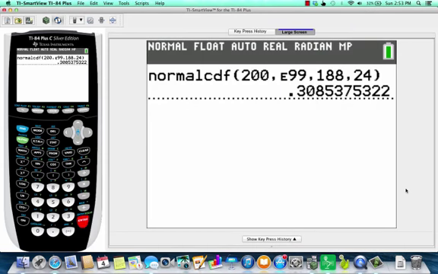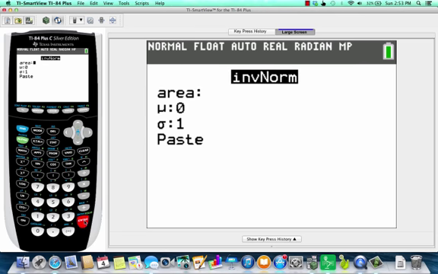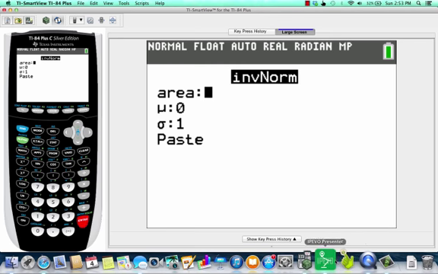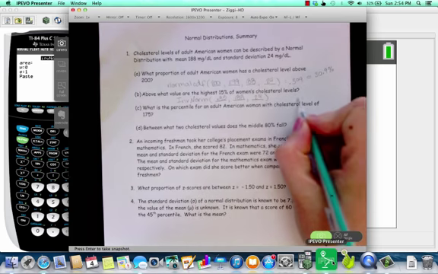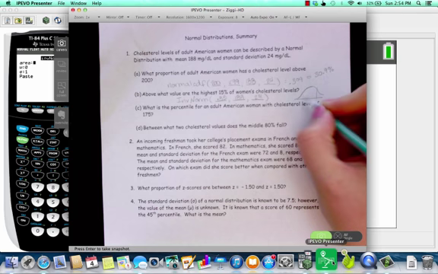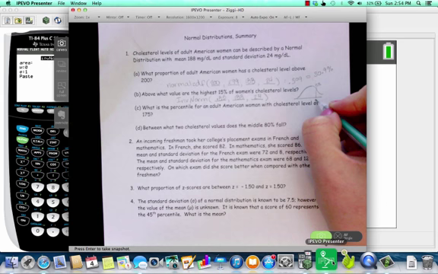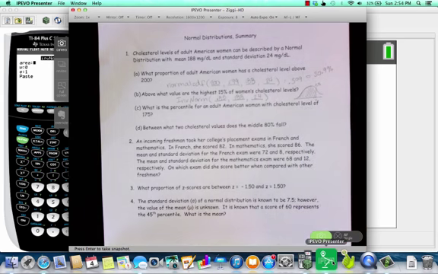So when I go back to my calculator, I'm going to do second distribution again, and I'm looking for inverse norm, which is the third option. It calls it area, because you have to think of it like we have our normal distribution, and it's going to ask for an area. If this is our 15% cutoff, we want to know what value is here. So they're asking for the area below that, and they're going to give us the cutoff value.